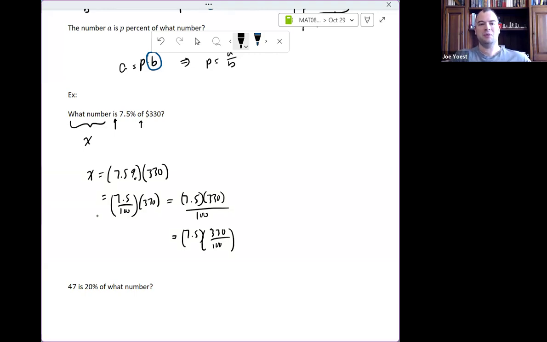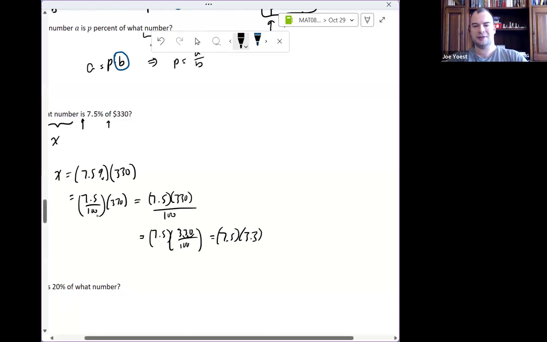Right, I could kind of shift that 100 over underneath the 330, and 330 divided by 100 is, move my decimal point to the left, 3.3. I think this will make my multiplication just a little bit easier.